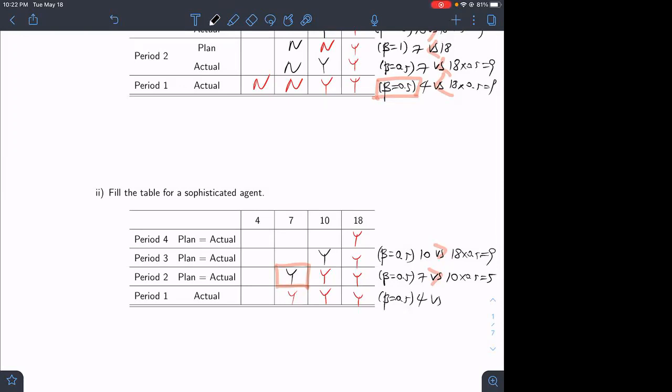Just compare this with the first time that he watches the movie in the future, which is period 2. So we compare 4 with 7 times 0.5, which is 3.5. So 4 is larger than 3.5, so he's going to watch the movie in period 1.